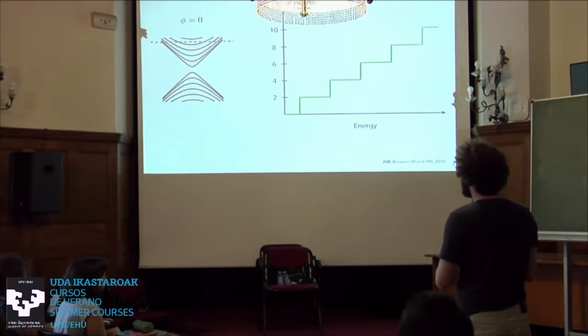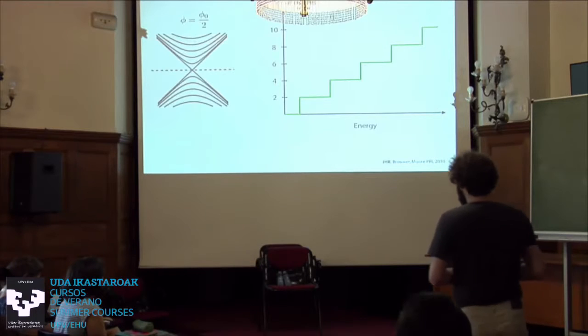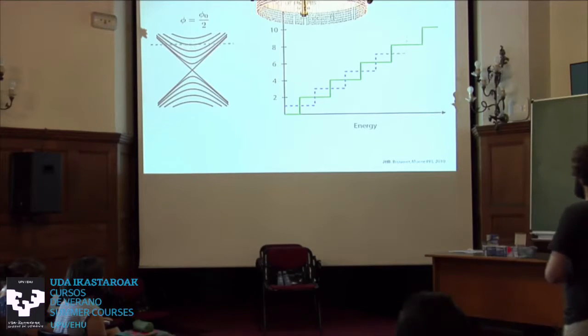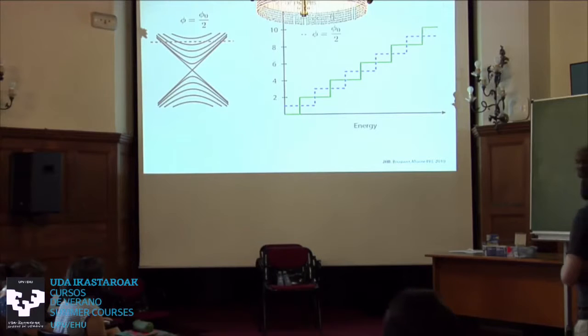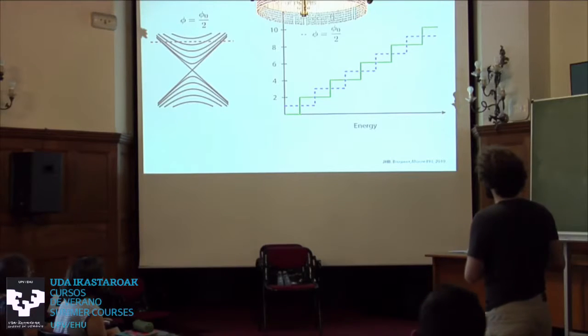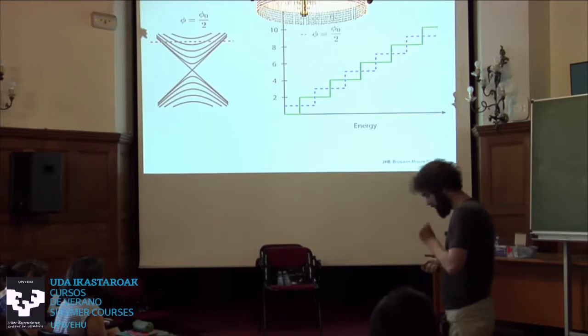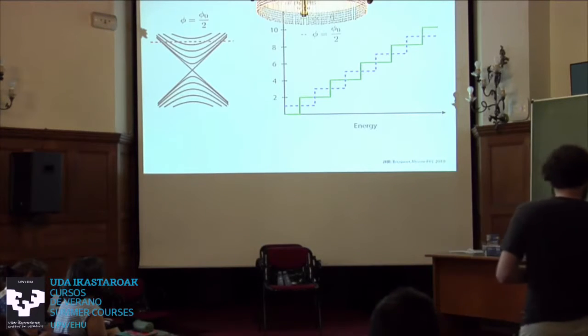As I vary the energy, I get 2 modes every time I cross a band. So the number of modes goes in steps of 2, but it's 0 at 0 energy, which is the Dirac point, the chemical potential here. Well, if I take half a flux quantum, I start with 1 mode, but I also move in steps of 2. But I start with 1, and the points where I go between are in between the points where I go between on the other one.